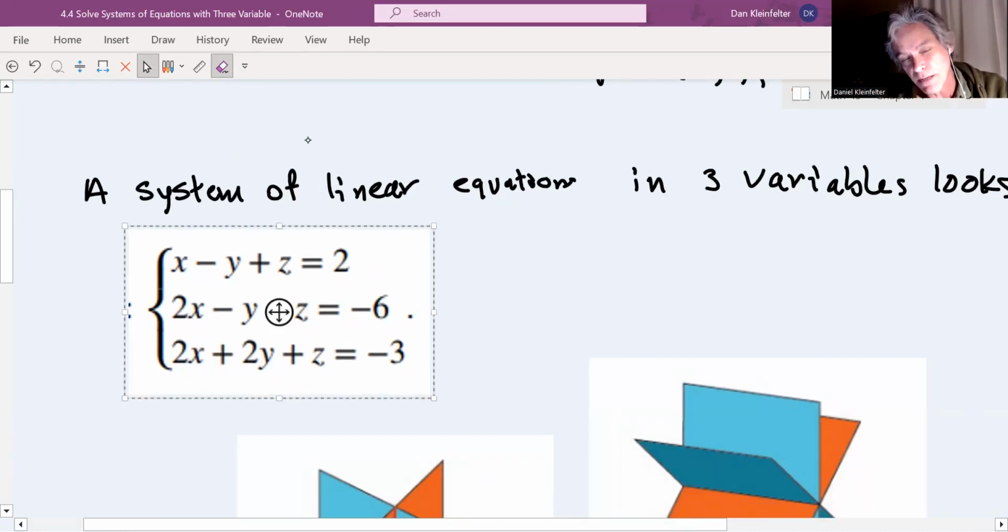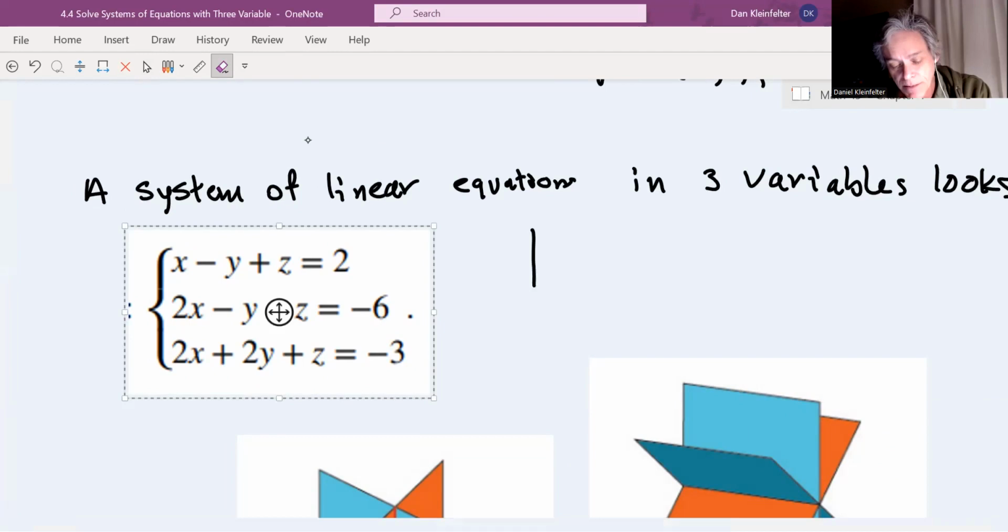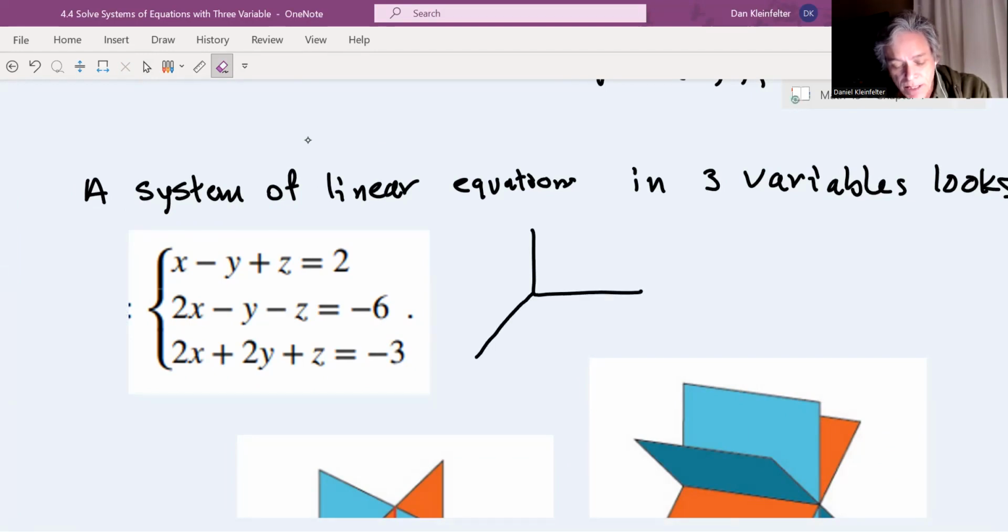And as I said, there is a geometric interpretation to this that we're not going to get into too deeply. In three dimensions, if we all know what the xy plane looks like, a three-dimensional coordinate system would have an x number line that points straight out towards you, a y number line that moves from left to right, and a z number line that moves up and down.